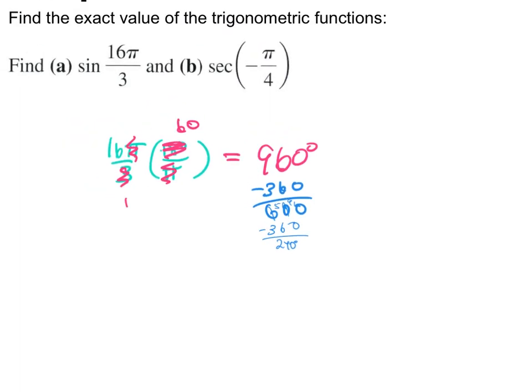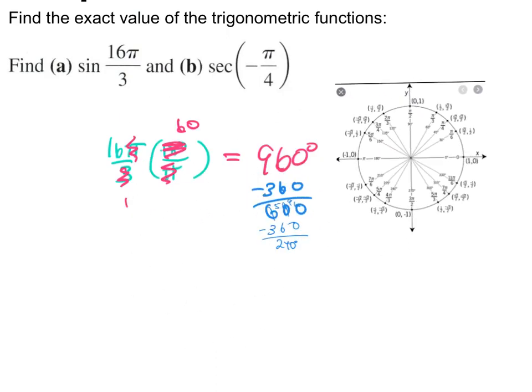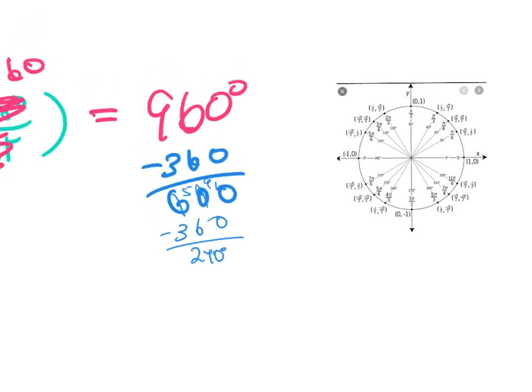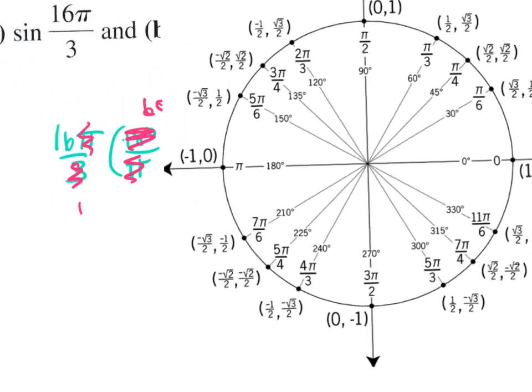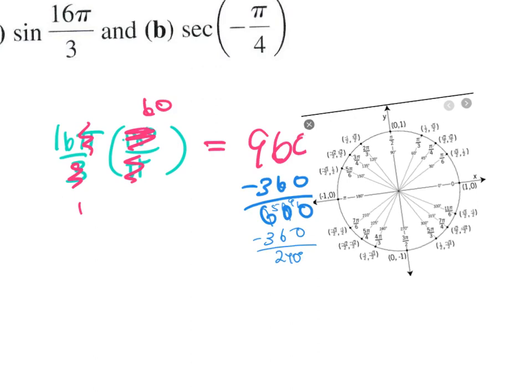What is the ordered pair at 240? You guys don't have a unit circle, do you? What's the ordered pair at 240 degrees? Look at it. Negative 1/2, negative root 3 over 2.